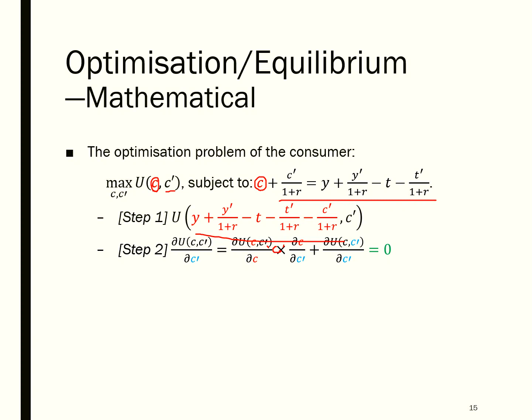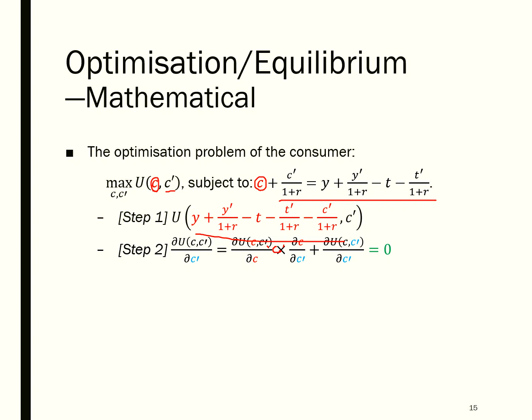Therefore, we need to use the multivariate chain rule here. The derivative has two components. The first component describes the indirect effect of a change in C prime on the utility via C, and the second component describes the direct effect of a change in C prime on the utility.